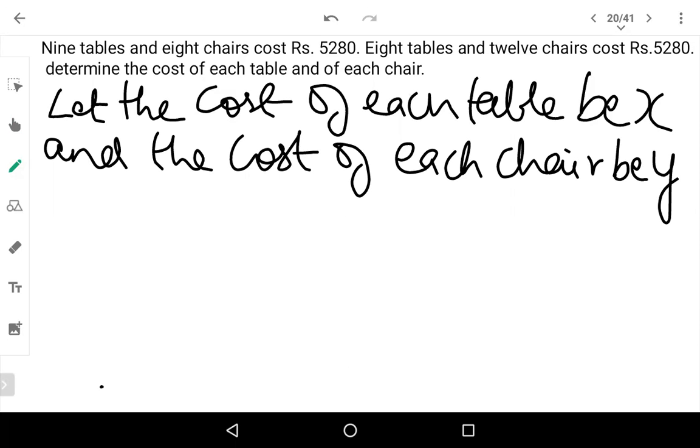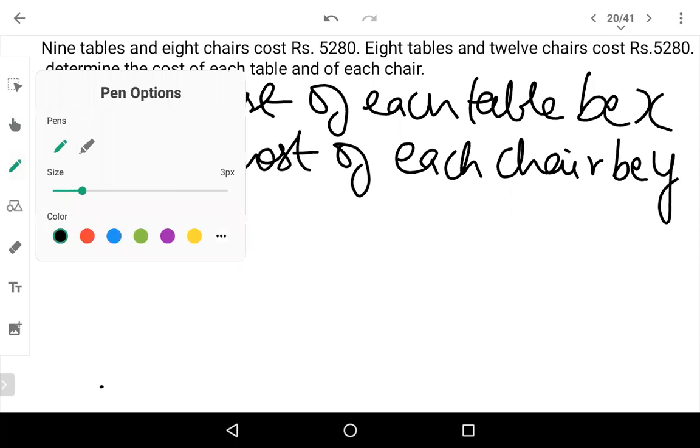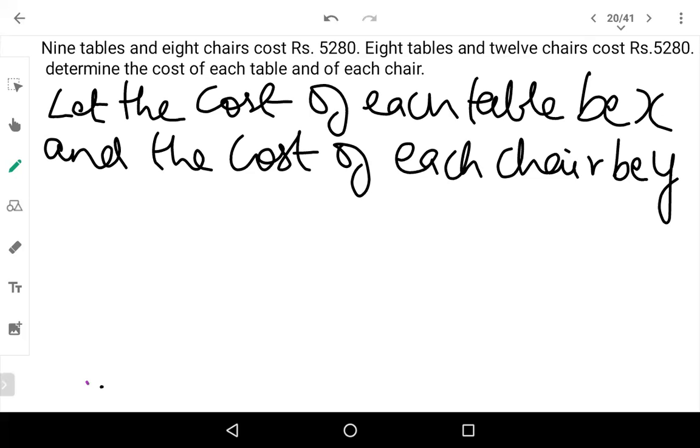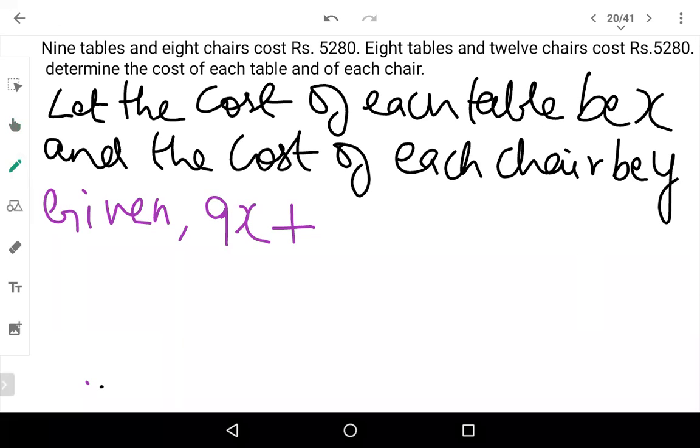Now let us derive the equations from the information. Okay, given, read the first line of the problem. 9 tables and 8 chairs. So what are tables? Tables are X and chairs are Y. So 9 tables and, meaning addition here, 8 chairs.